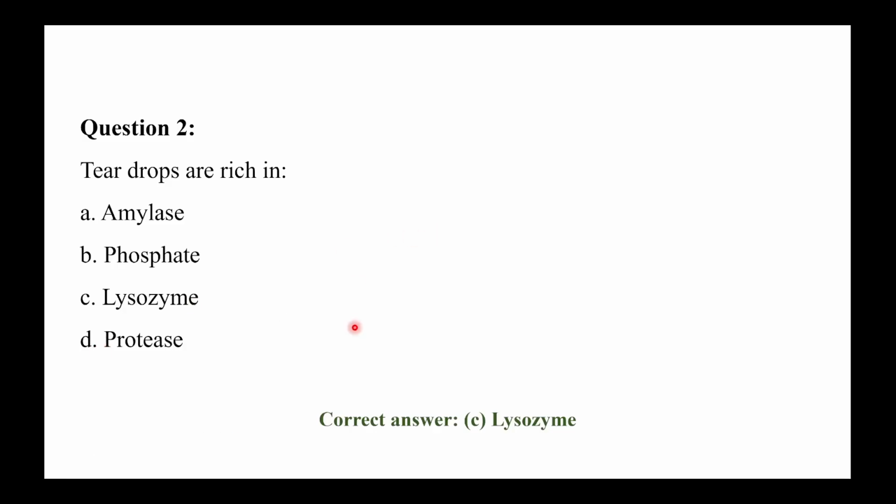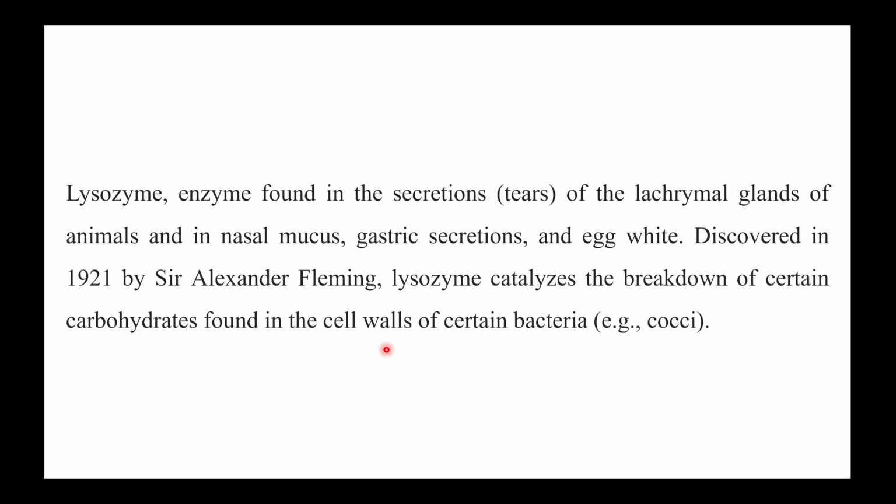So teardrops are rich in lysozyme. Lysozyme is the enzyme found in the secretions of the lacrimal gland, that is tears, of animals, and in nasal mucus, gastric secretion, and egg white. So these are the other 3 places where you can find lysozyme other than tears: nasal mucus, gastric secretion, and egg whites.